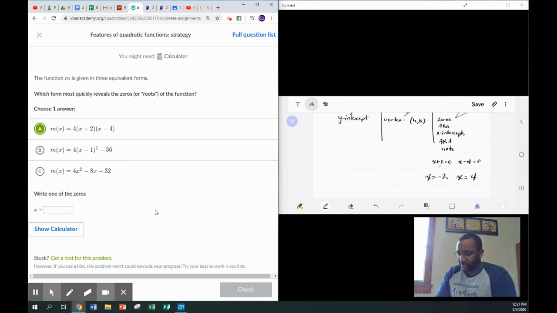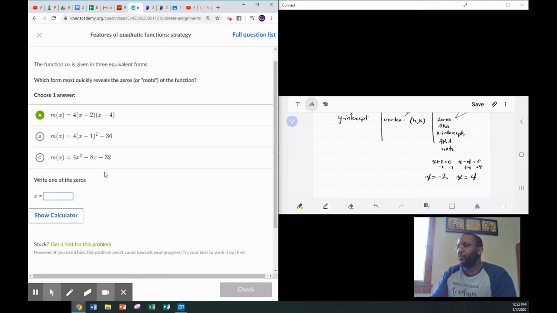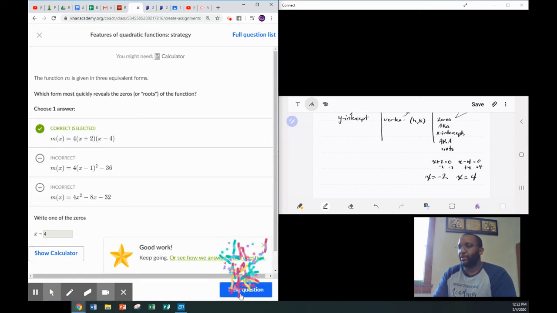Because you just subtract 2 from both sides, and this one you just add 4 to both sides. So when they ask to write one of the zeros, it really doesn't matter which one we choose. So let's just choose 4 because it's positive. But it really doesn't matter. We also could have chosen -2. And we're good. Totally good.